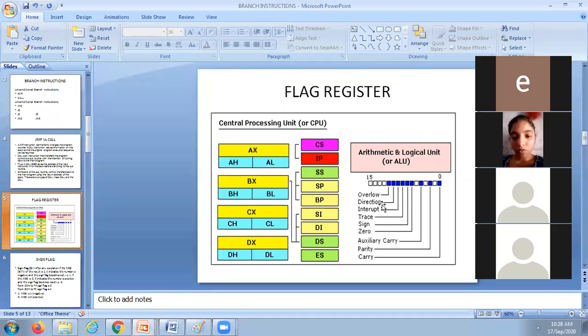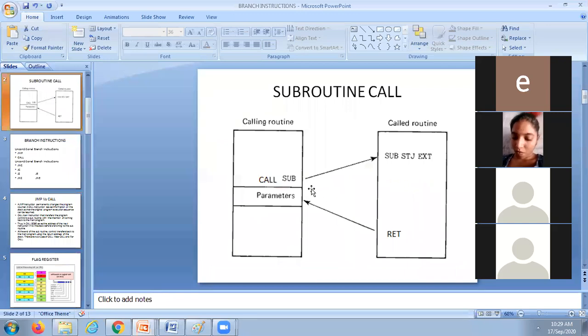This information is to be stored onto the stack by using the push operation. By using the push operation, all the register contents and the flag register are pushed onto the stack before the control is transferred from the main program to the subprogram.